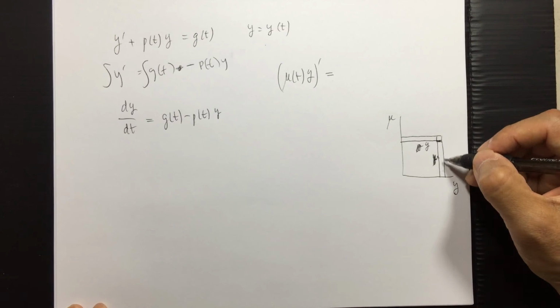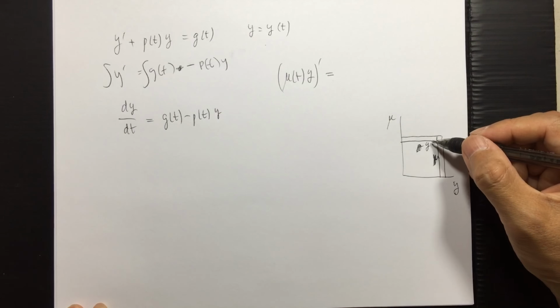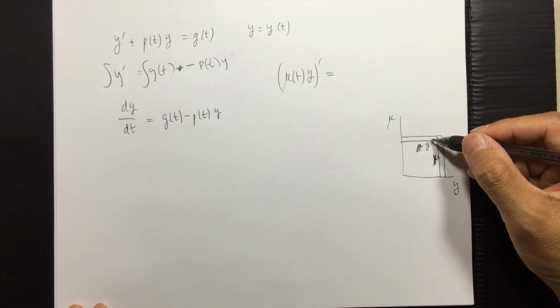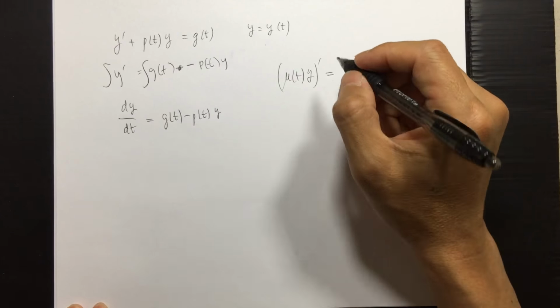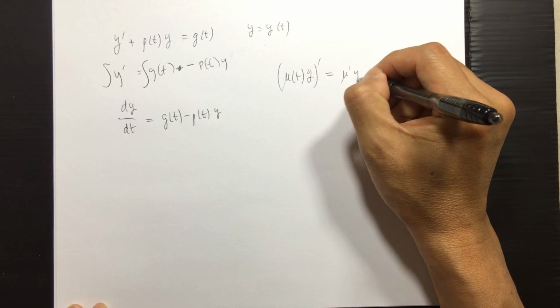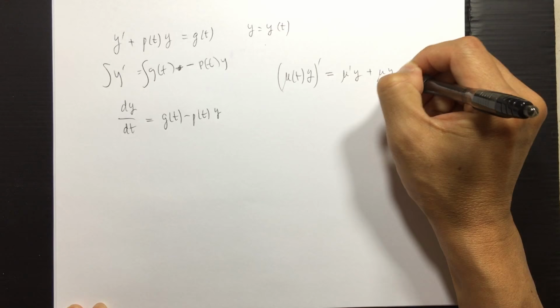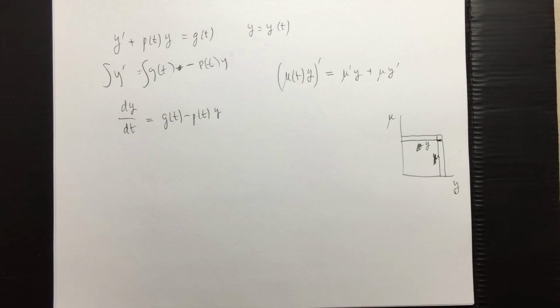It's this area. And y times d mu is this area. So this equals to that.